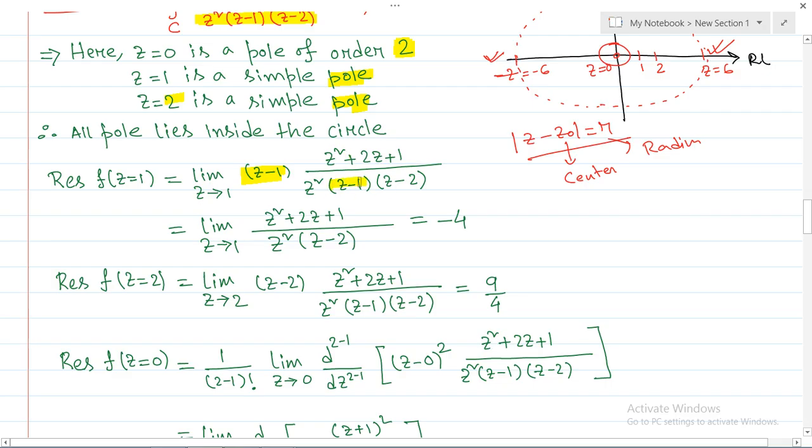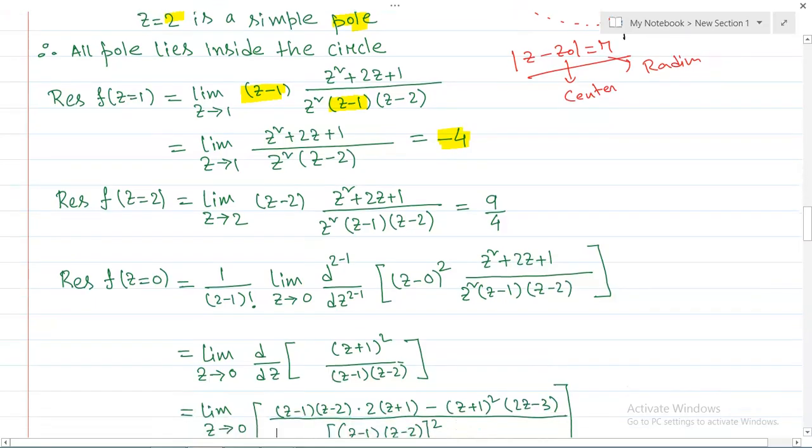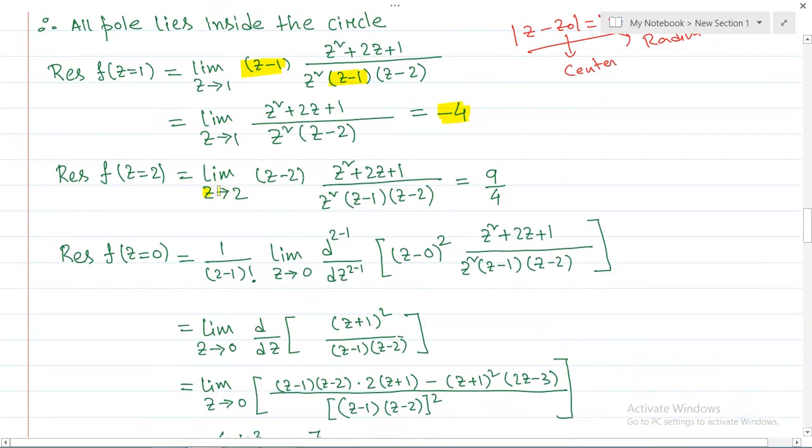So z minus 1 and z minus 1 are going to cancel out, and the limit will give us the value of the residue, that is equal to minus 4. Similarly, the residue of f at z equal to 2 can be calculated by taking limit z tends to 2, z minus 2 multiplied with the whole function, then again z minus 2 is going to cancel out, so we are having the limit as 9 by 4.